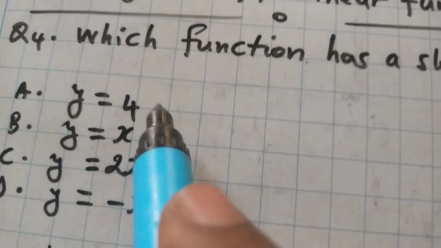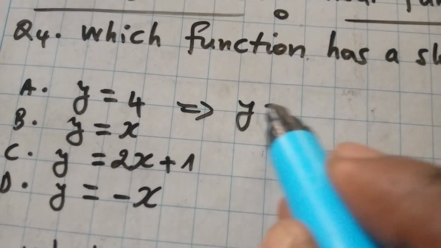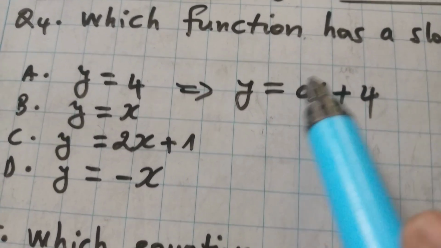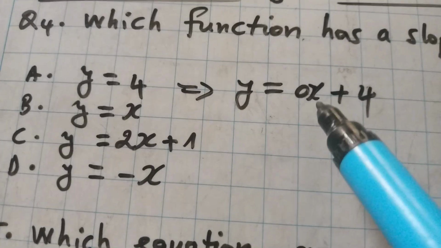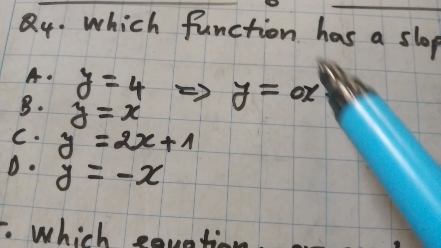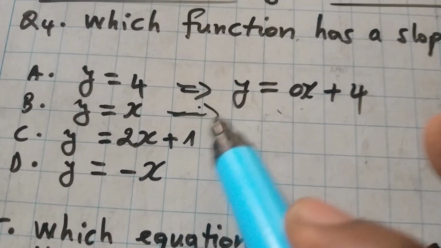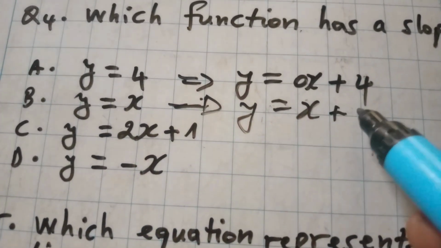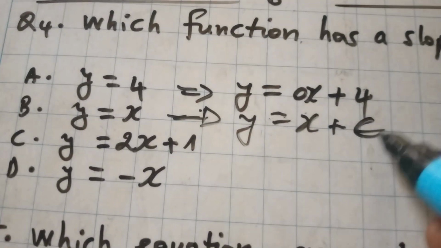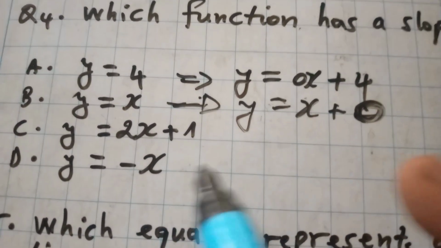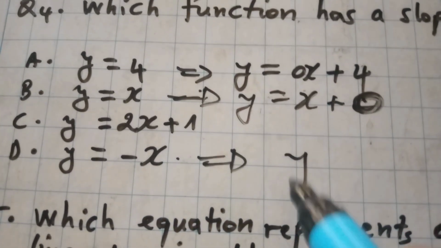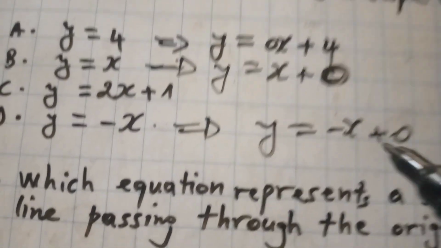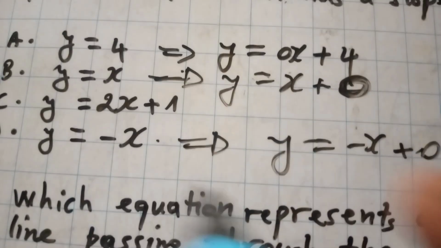Actually, for A, this is the same as writing y equal 0x plus 4. You see, we don't have the m and x here, so this term is 0. Here we have y equal to x, and the c is missing, so we add the c which is 0. And this one is also y equal to negative x plus 0 because we don't have a c. Then it is complete.